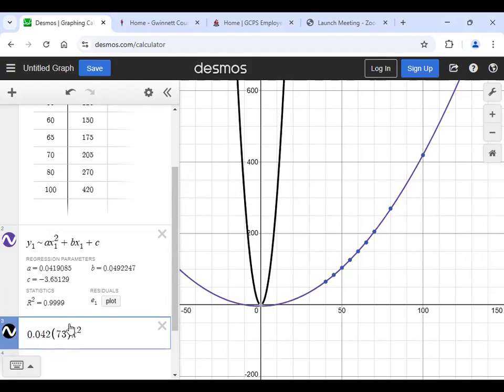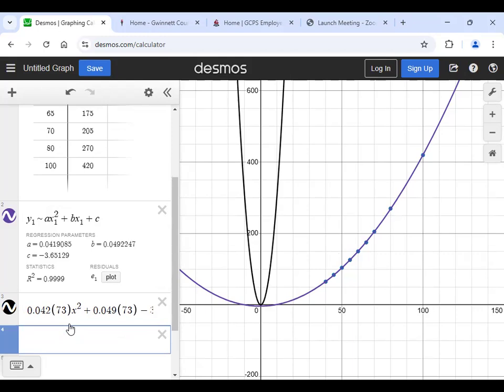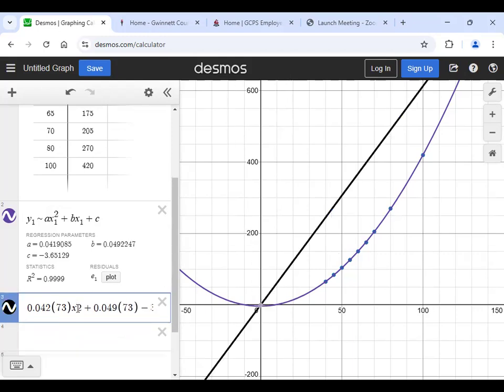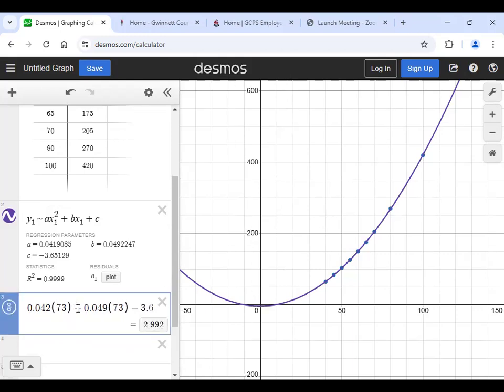Our b value is 0.049, and plug in 73. Then our c value is negative 3.651. Oh, not x squared; I want to square the 73. So replace your x with 73, and I'll write this one down in just a minute.